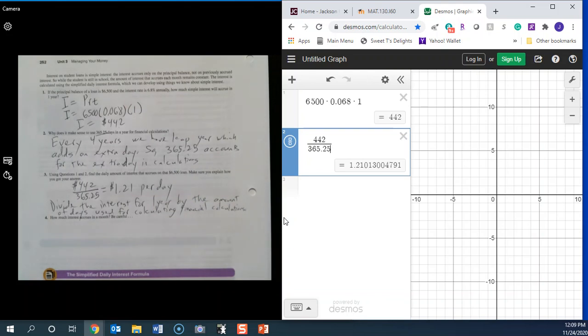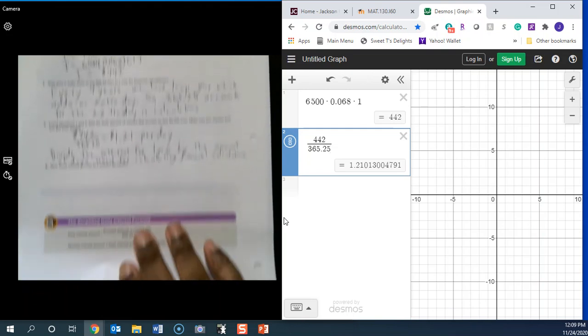So that's basically what we did. We divided the interest for 1 year by the amount of days used for calculating financial calculations.